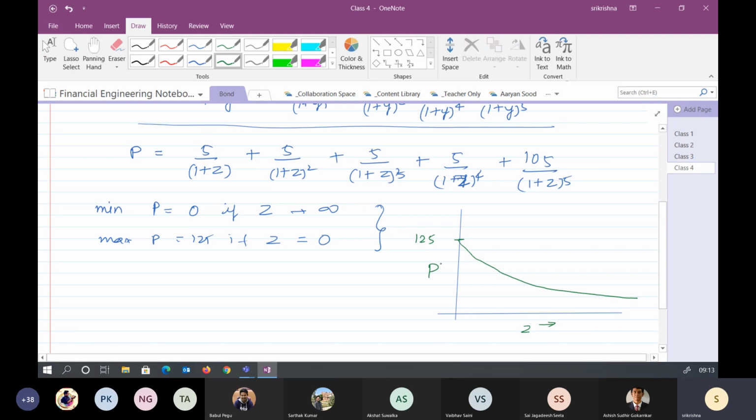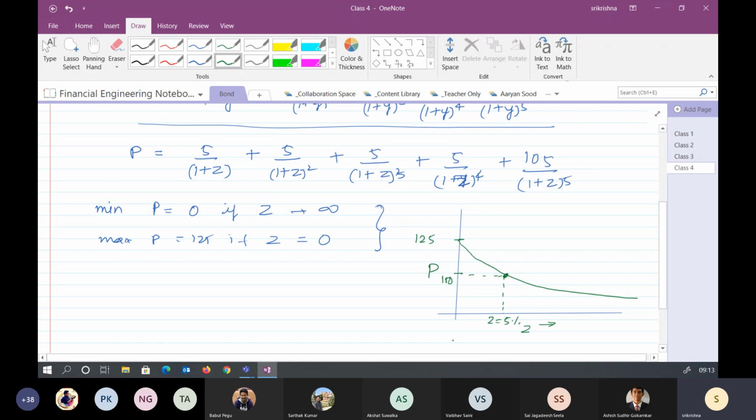What we are interested in here is the particular price of 100, and we know that this price would be 100 when the Z value is 5%. Do you agree? Yes, sir.